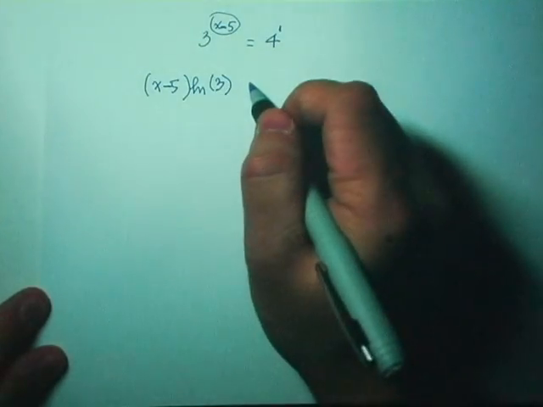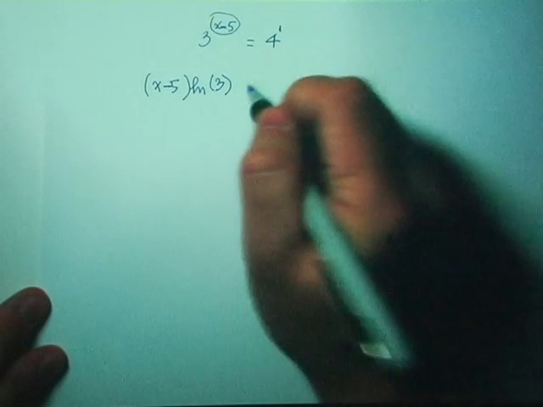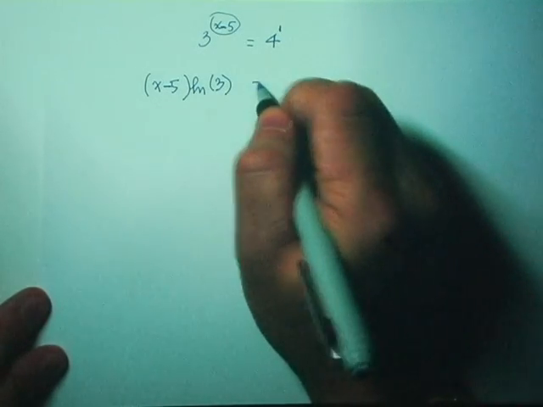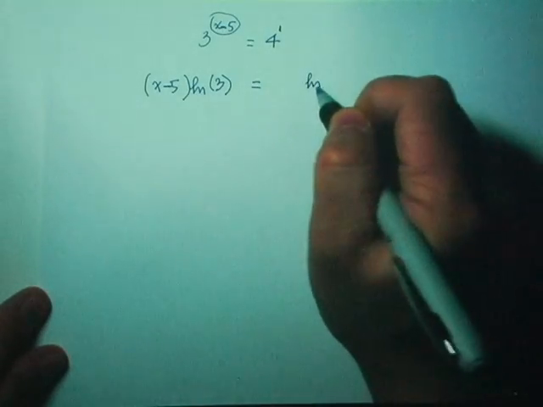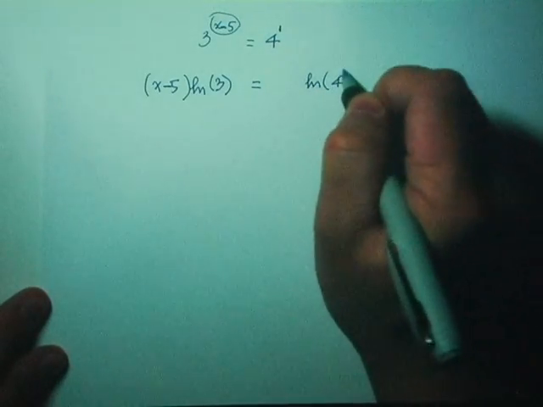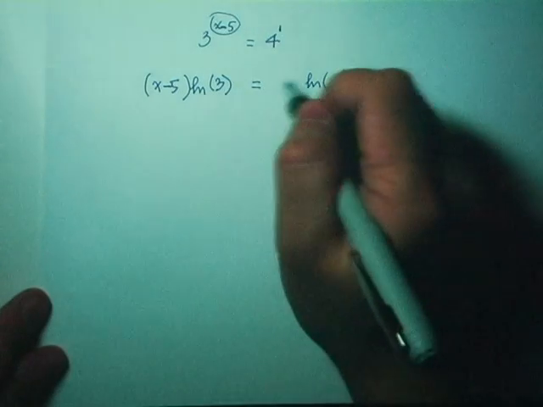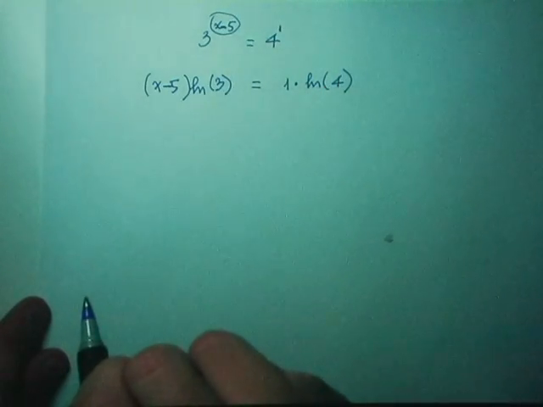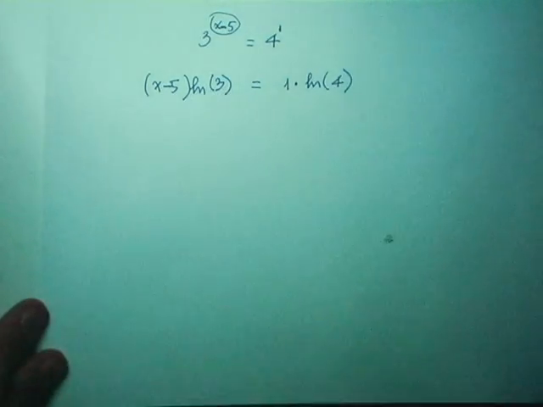Being finished with the left-hand side, I'm going to move on, and once again, I'm taking the natural log of just the base on the right-hand side, and I am now going to multiply it by the power on the right-hand side. And this is how my equation appears.